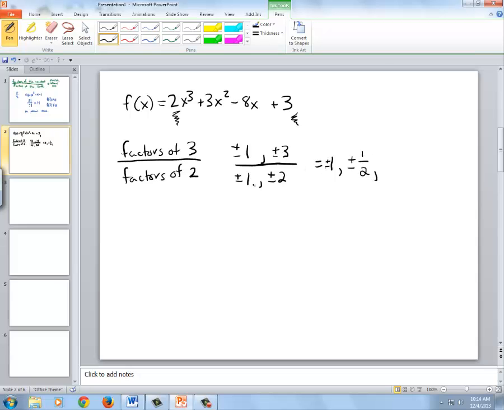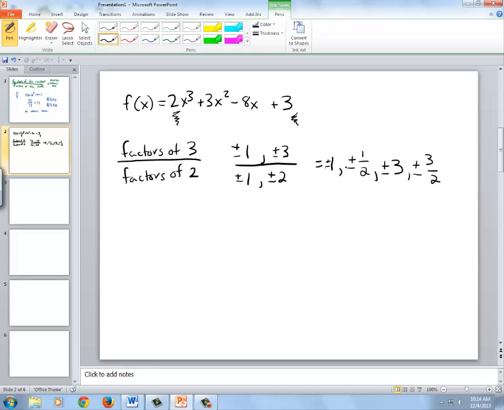Plus or minus 3 and plus or minus 1, that would be plus or minus just 3. And lastly, we have plus or minus 3 over plus or minus 2, which is plus or minus 3 over 2. So I'm taking each of these terms right here and finding all the possible values. So now we have 8 possible zeros that are rational.